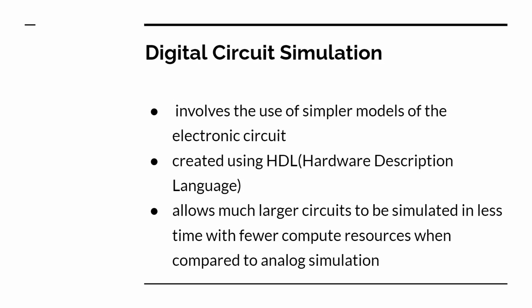You just switch it to 0 and 1. So it's not as hard as analog circuit simulation, because in analog circuit simulation you want to have as highly accurate values as possible. In this case, we're only focusing on zeros and ones. They are created by HDL. HDL is hardware description language.